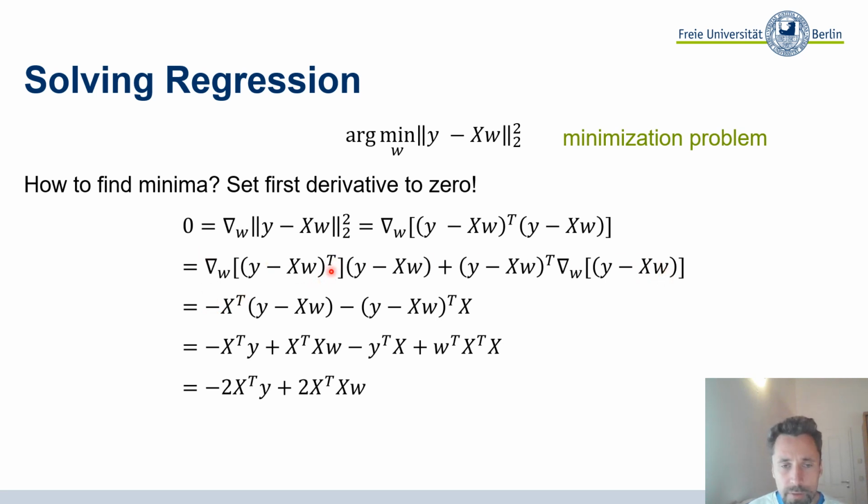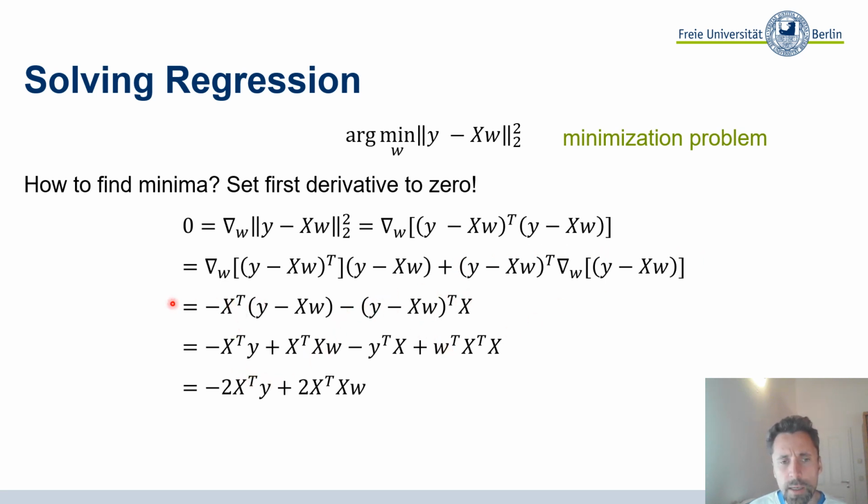But what is the derivative of this guy? Well, basically, y isn't depending on w, only xw is. So the derivative is minus x, and the transpose will get on here as well. And we don't want to find the derivation of this, we just keep it. And then we do the same for the right part here, and this looks very similar.